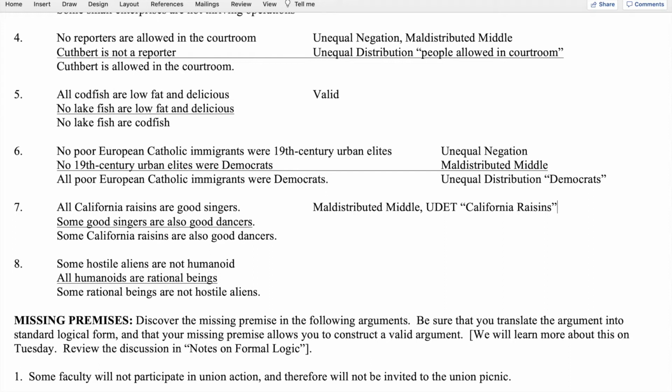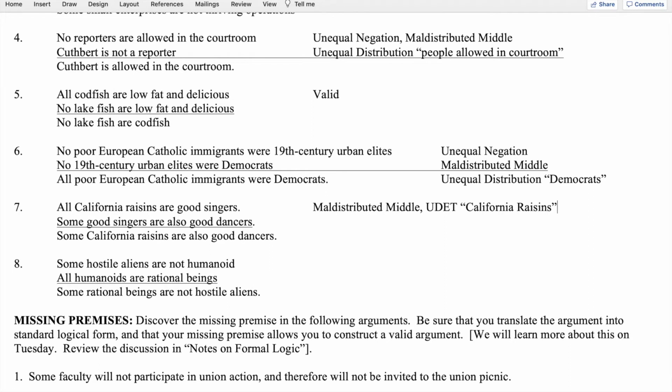Then number 8: Some hostile aliens are not humanoid. All humanoids are rational beings, and then some rational beings are not hostile aliens. So in this case, we have a particular negative first premise, a universal affirmative second premise, and a particular negative conclusion.